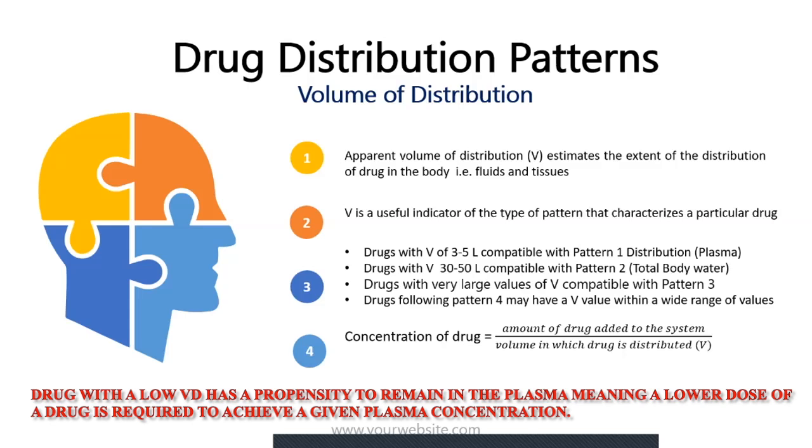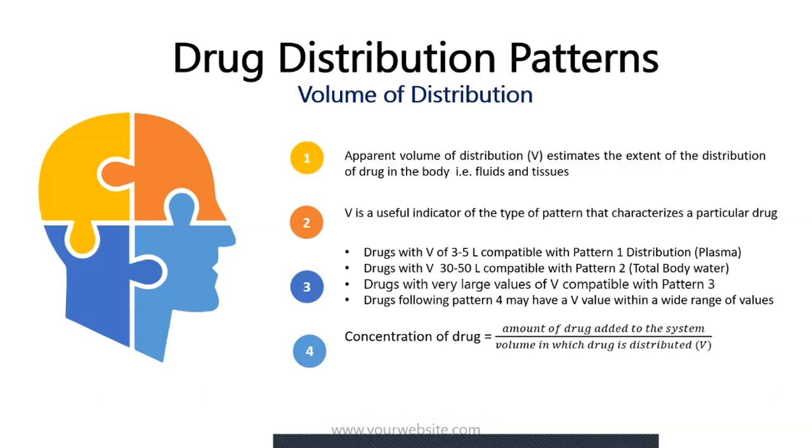If we know that concentration of a drug is equal to the amount of drug added to the system divided by the volume in which the drug is distributed, that relationship is what we use to determine the volume of distribution. And if you remember from the first couple of slides that speaks to the one compartment model, this is where it's coming from.